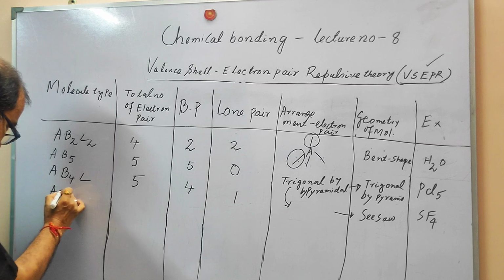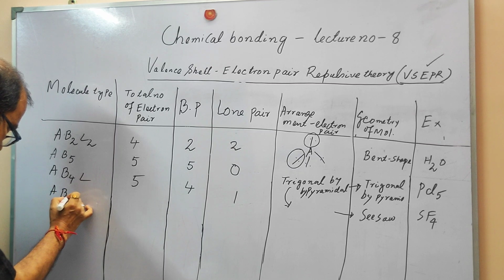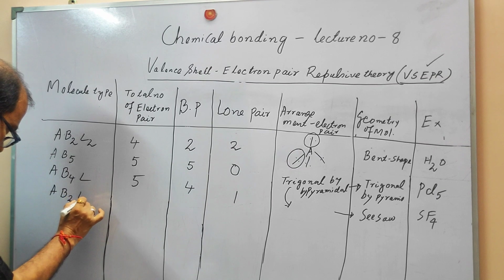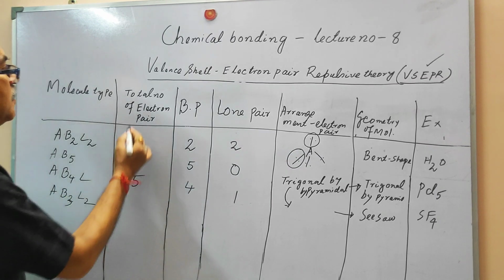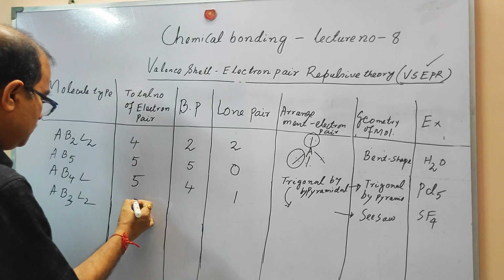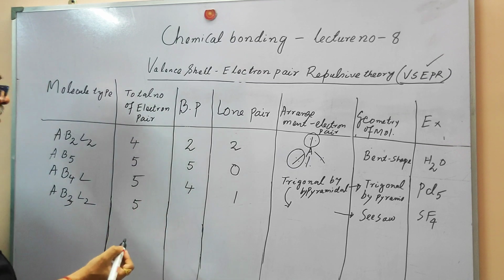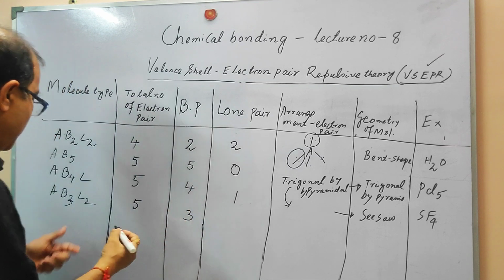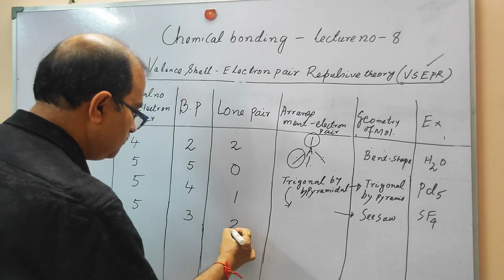Another type is AB3L2. Here the total number of electron pairs will be 5, the bond pairs will be 3 and the lone pairs 2.